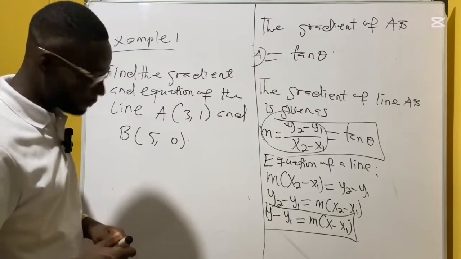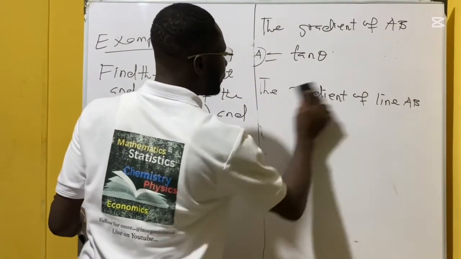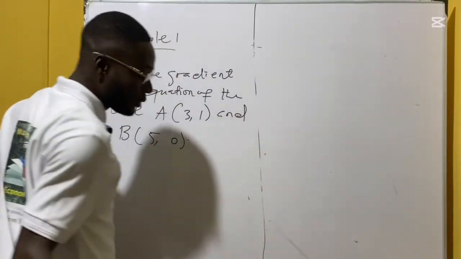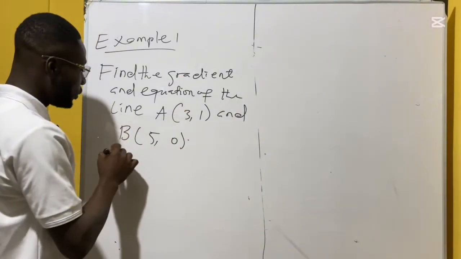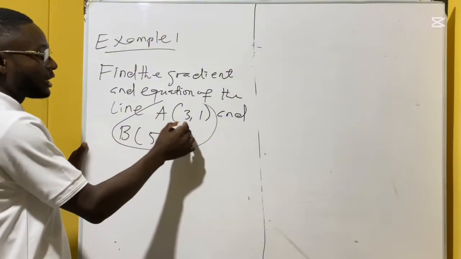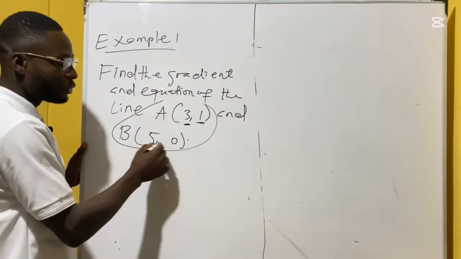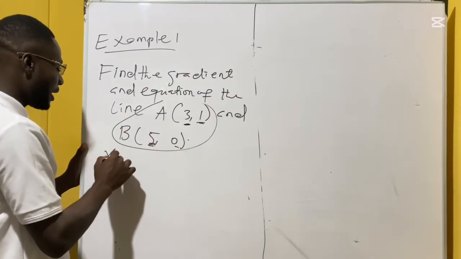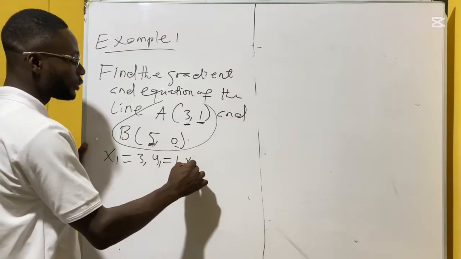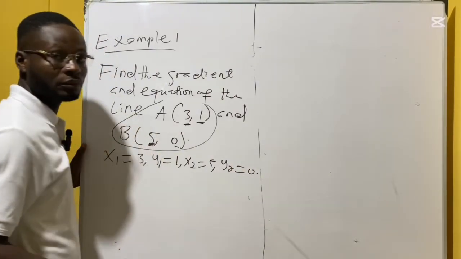Right here, from these 2 points given, we can obtain our x1, y1, x2, y2. So our x1 is 3, our y1 is 1, our x2 is 5, and our y2 is 0.